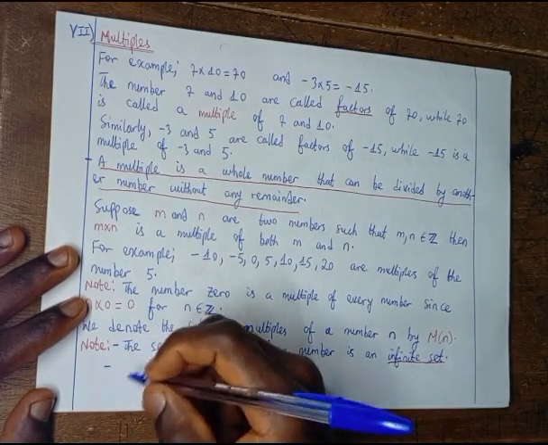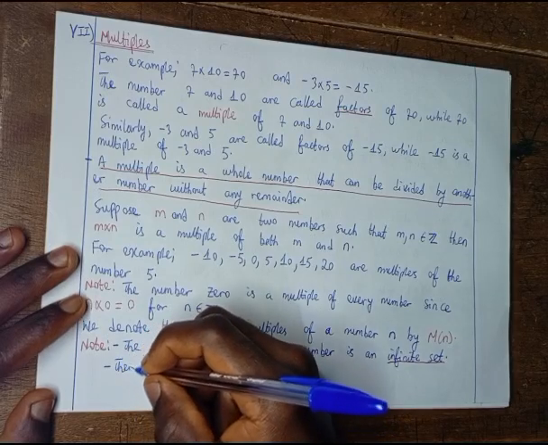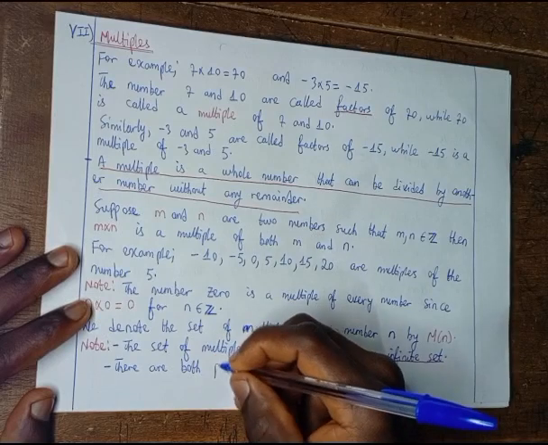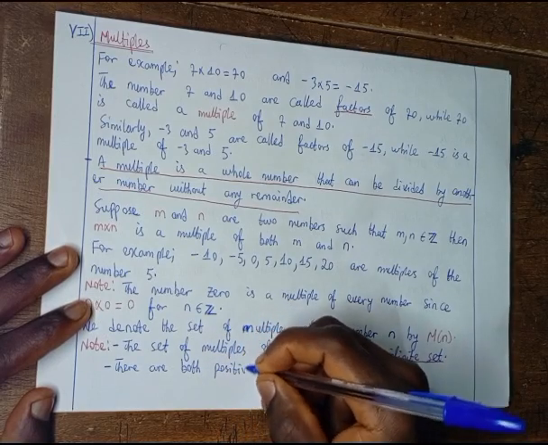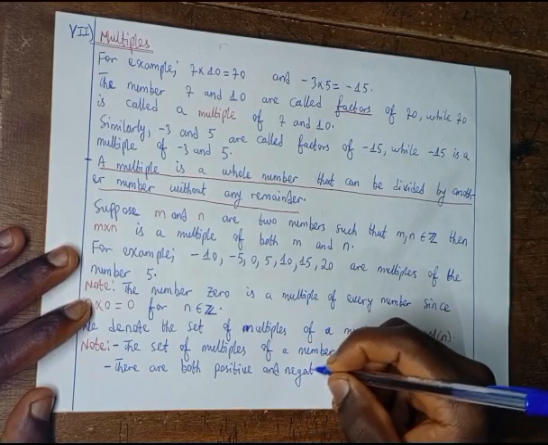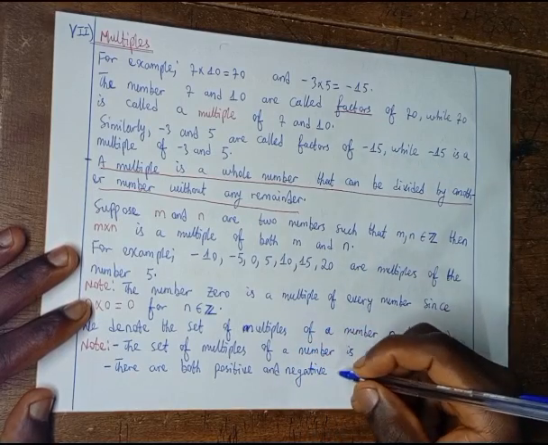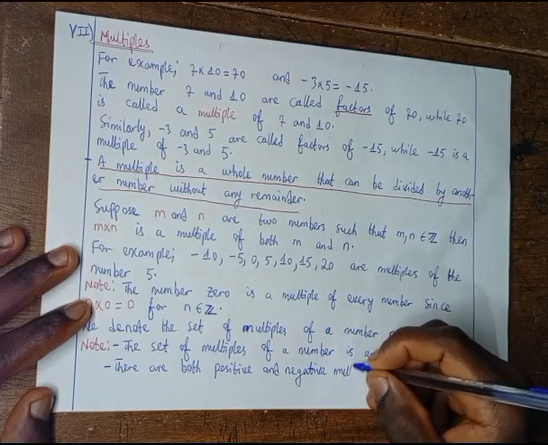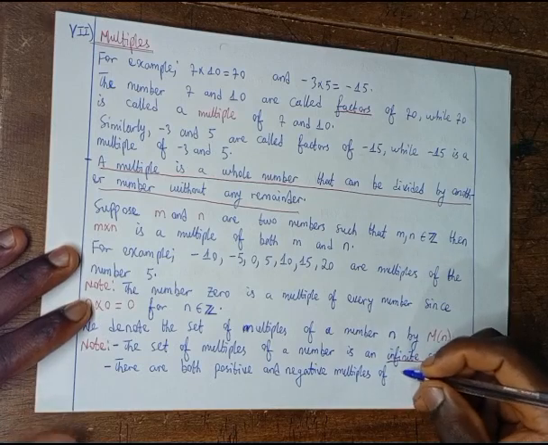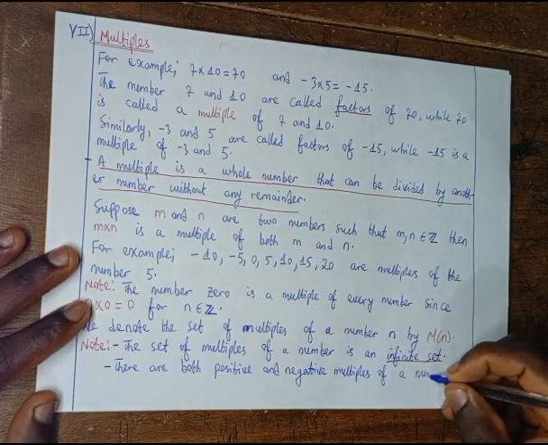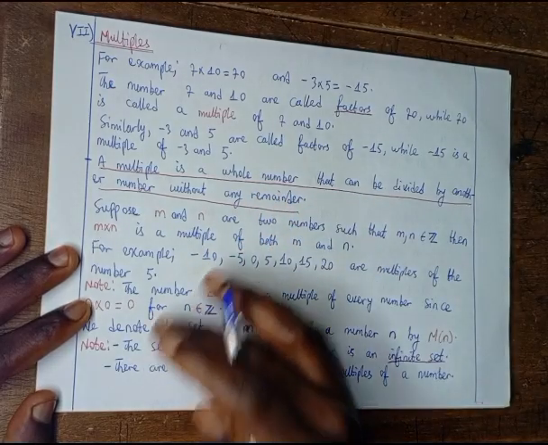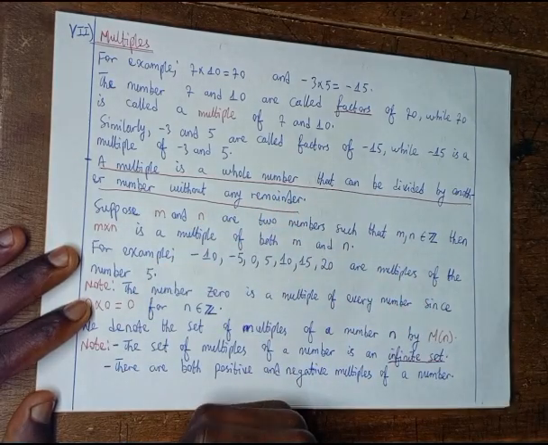Next hyphen, there are both positive and negative multiples of a number. You can see like above here, -10, -5, they are multiples of number 5.